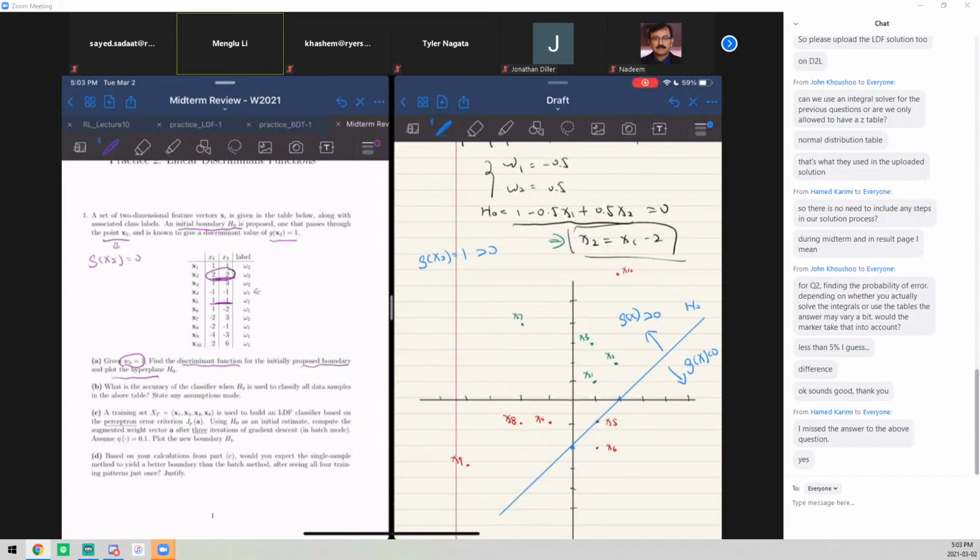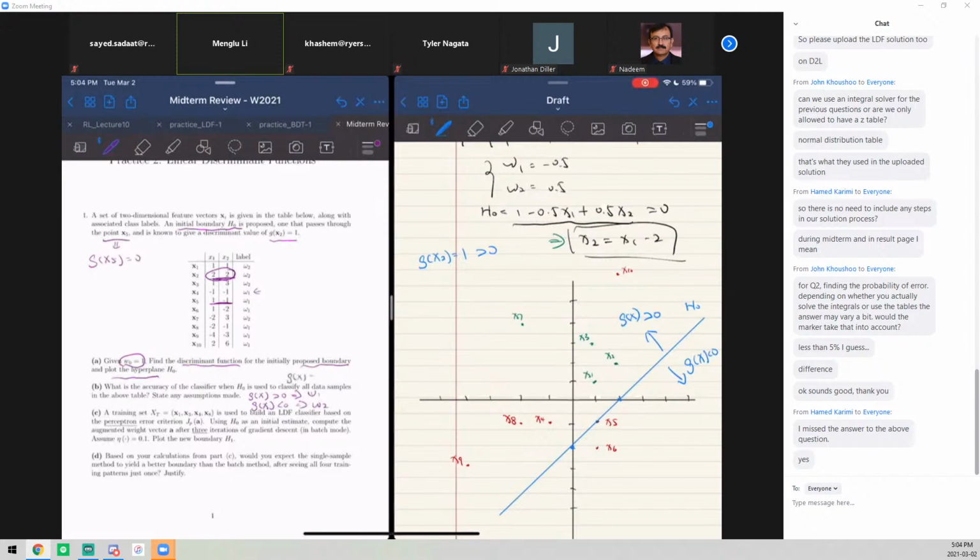Usually when the g function is larger than 0, we classify it as class 1, which is w1. When the g function is less than 0, we classify it as class 2.